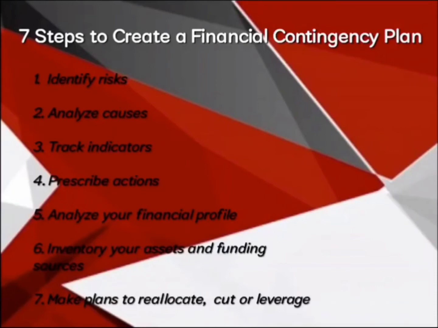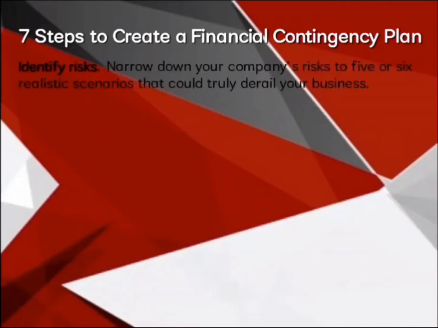We have: identify risks, analyze causes, track indicators, prescribe actions, analyze your financial profile, inventory your assets and funding sources, make plans to reallocate, cut, or leverage. Identify risks: narrow down your company's risks to 5 or 6 realistic scenarios that could truly derail your business.